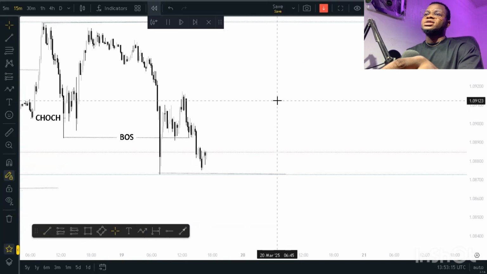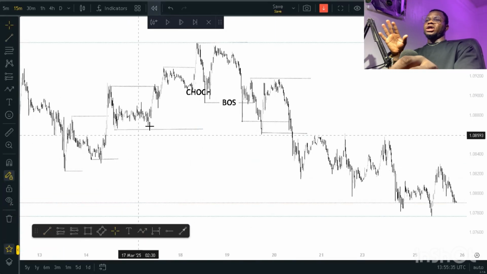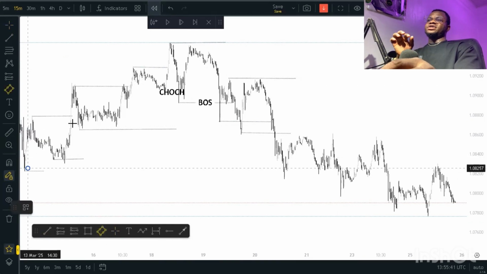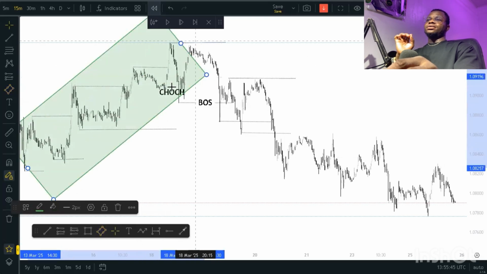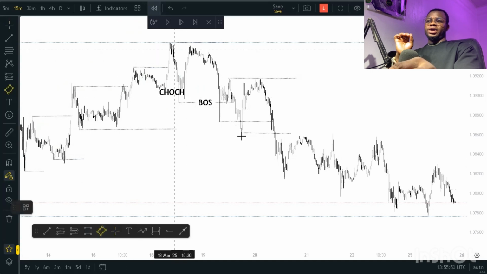So we'll continue selling. So far, we have just learned, or rather watched, the price create a change of character and how the price has shifted from an uptrend structure all the way down to a downtrend structure. Okay.